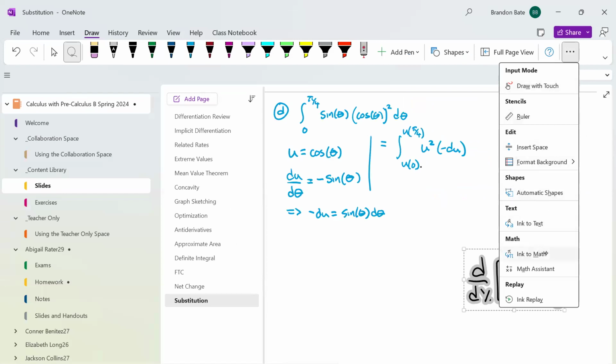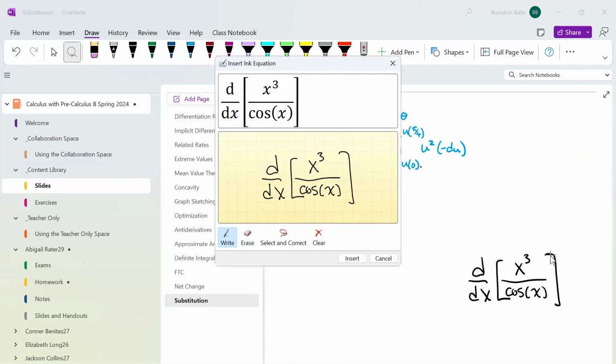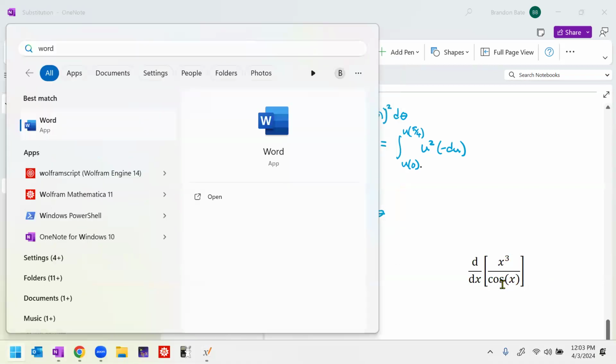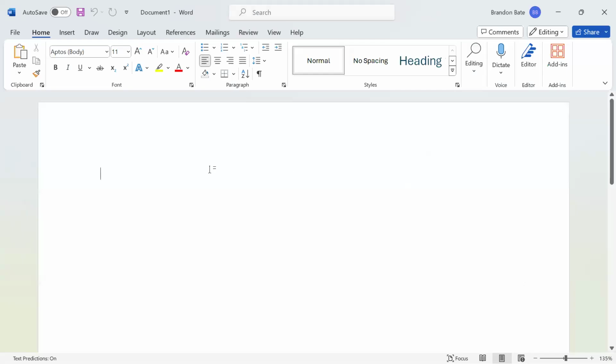I can do ink to math, and it will convert it really nicely into text. You can tell it did a pretty good job there. So I can insert that in, and then I can go to Word and just copy and paste it in there.